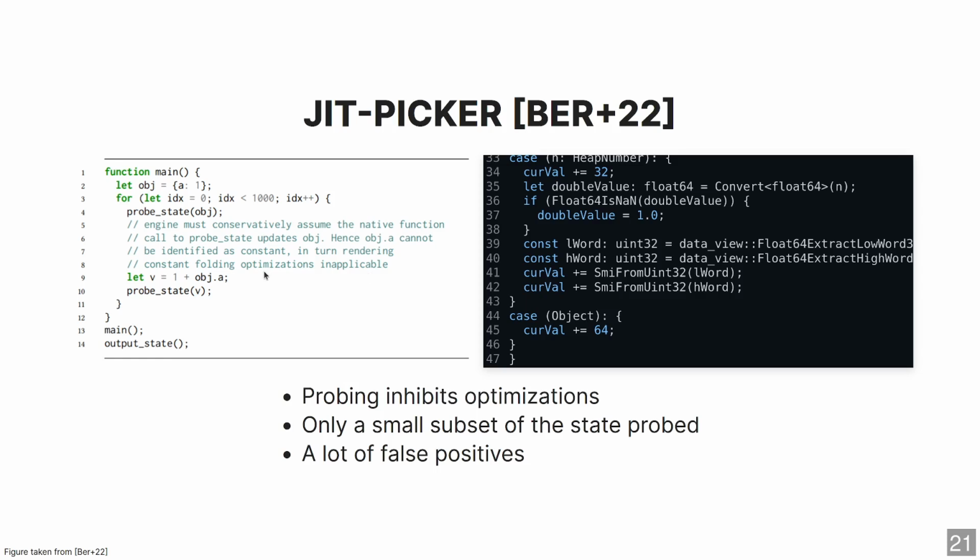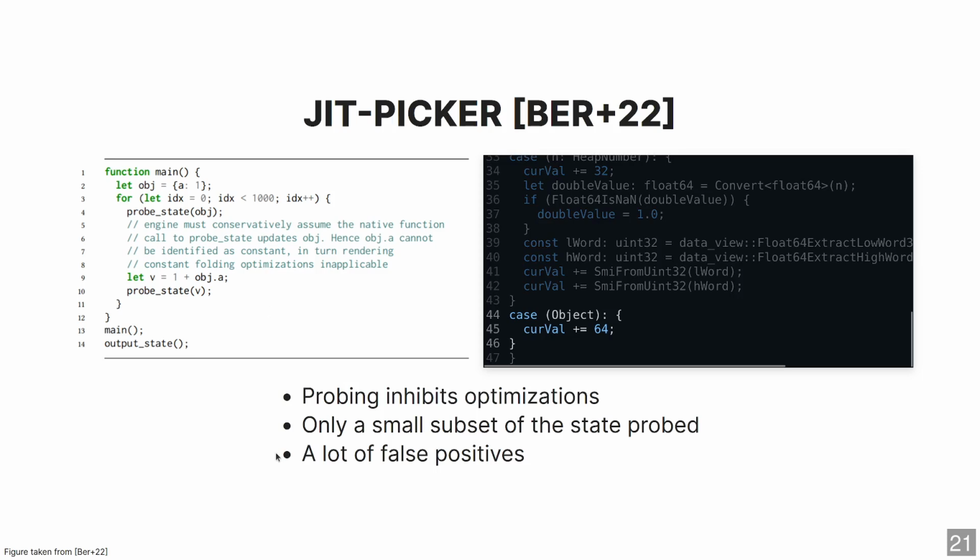This approach is successful, but has the problem that the probe itself is a sink in the program, so it will influence and reduce the optimizations applied by optimizing JIT compilers.